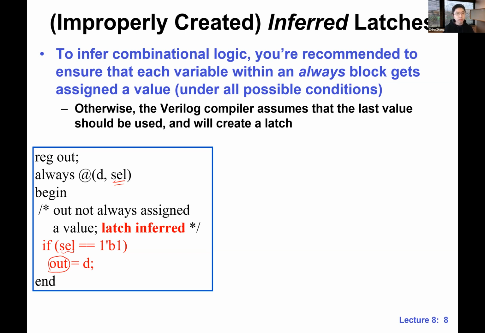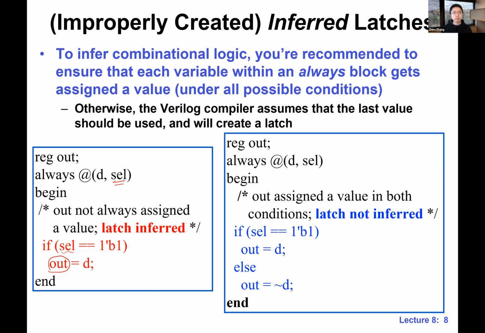Because we did not specify the complete condition: when select is 1, out is updated with D, but when select is 0, we did not specify that. That means out is going to retain the previous value. That's where we have a stateful element, so that's why we have sequential logic here. And this is a latch. So this is an inferred latch.